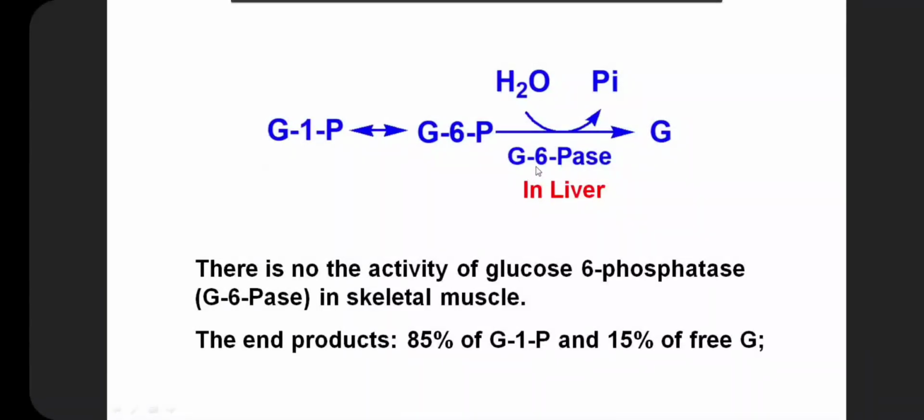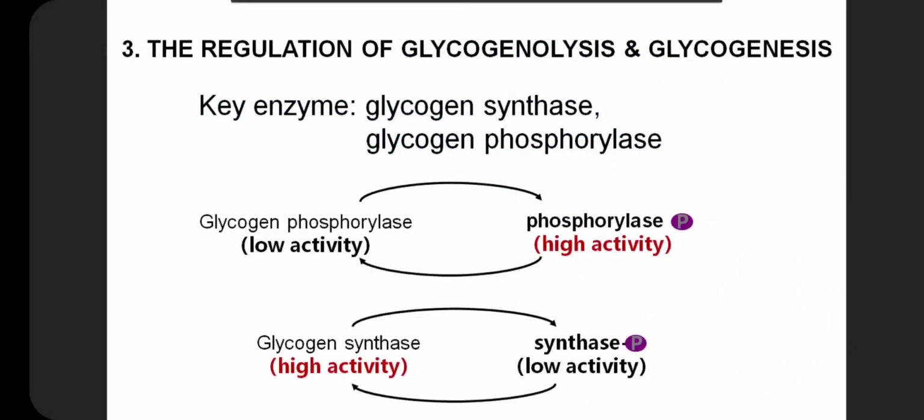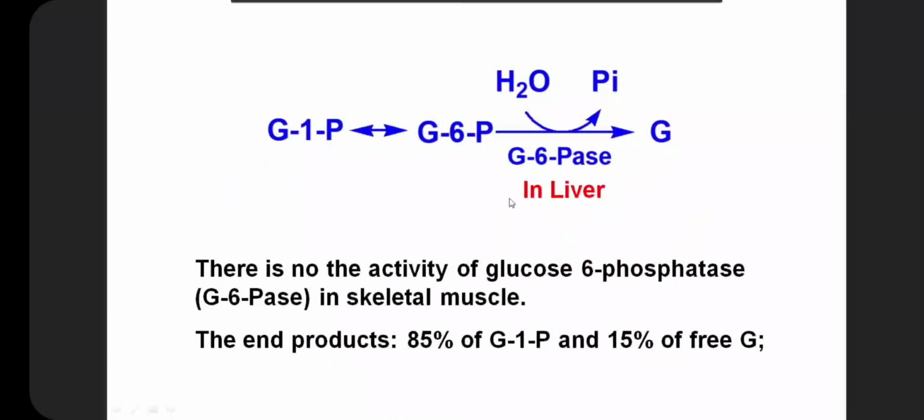And this enzyme is very important. Glucose 6-phosphatase is in the lumen of the smooth endoplasmic reticulum, and genetic defects of the glucose 6-phosphate transporter can cause a variant of type 1 glycogen storage disease. Just now we said that in liver, because they have glucose 6-phosphatase, they can convert glucose 6-phosphate to free glucose.